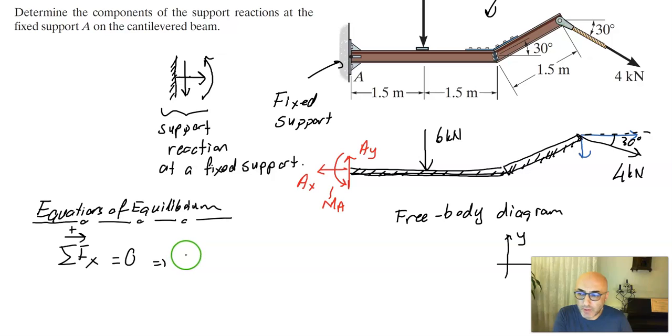So for the x direction, we have 4 times cosine 30 degree minus Ax is 0, and we have Ax is 3.46 kilonewton. Okay, so that's Ax.